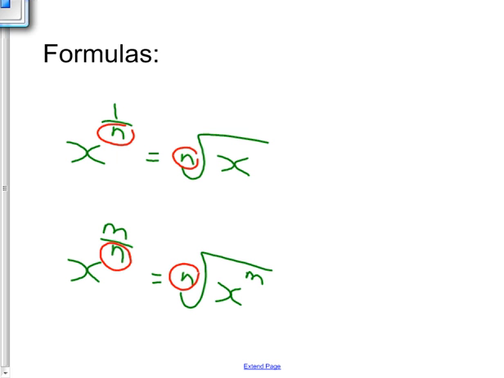There's a proof in your book if you want to read it. And the number on top always goes here, so that's like x to the m. The m always goes there. I'll go through a couple examples to be a little clearer.